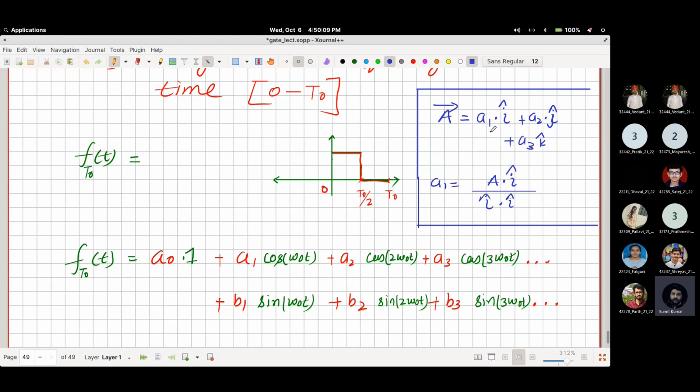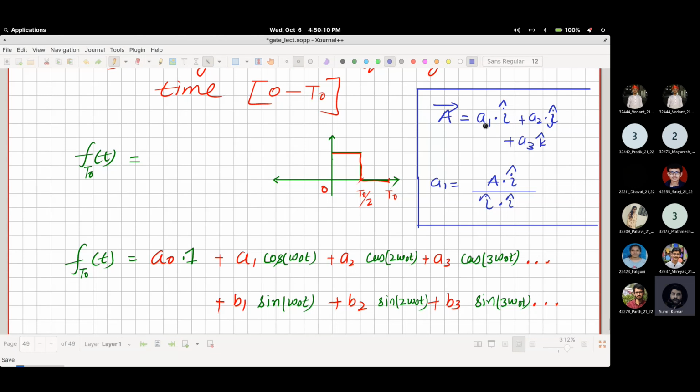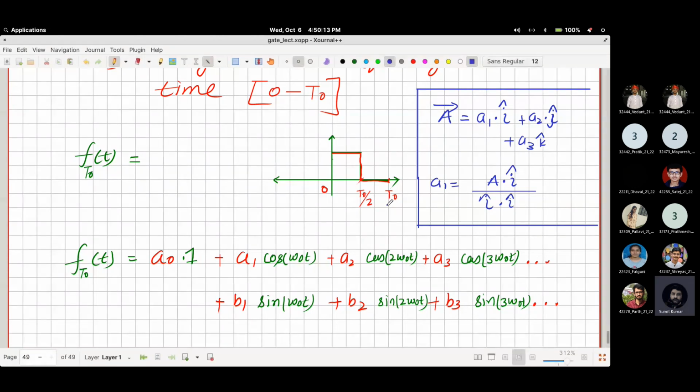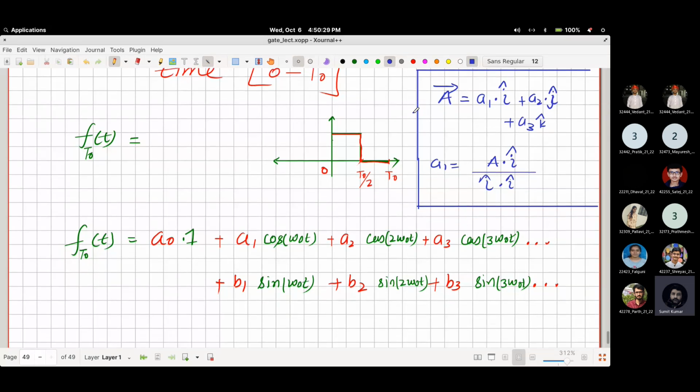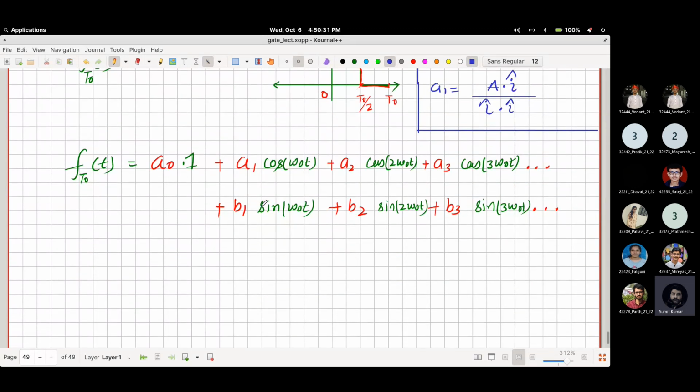Scalar means it's just a number. Is that clear? Has everyone understood up to here? Hello? Yes, sir. Okay.